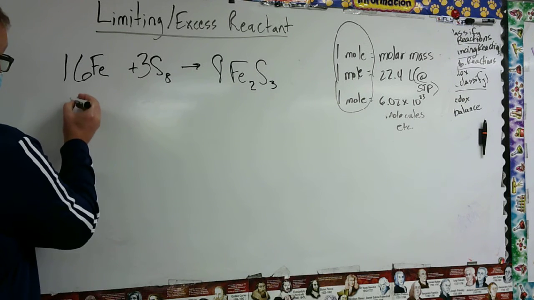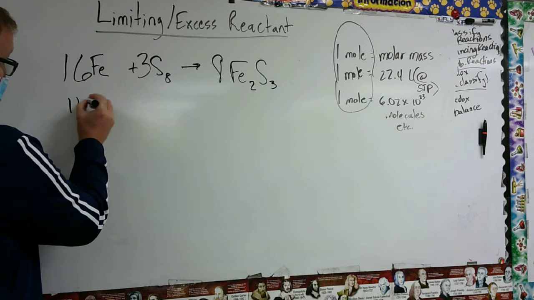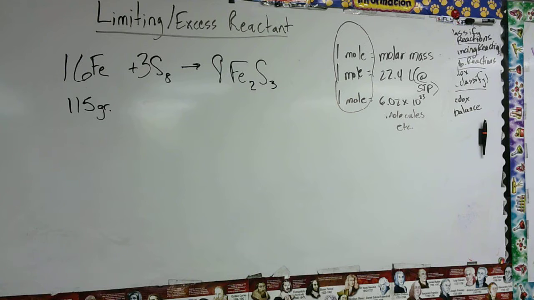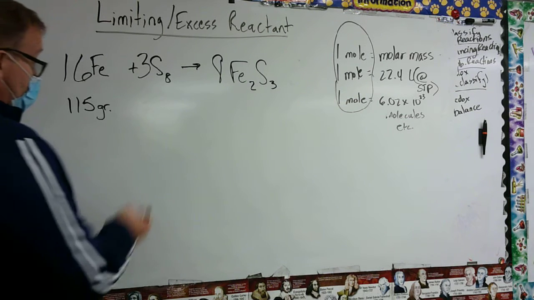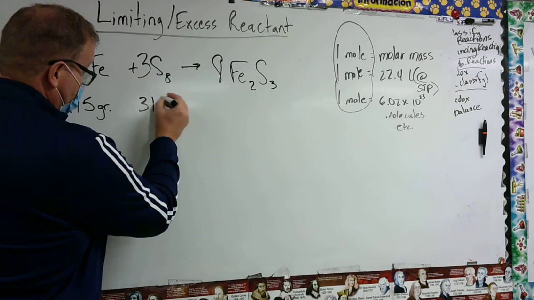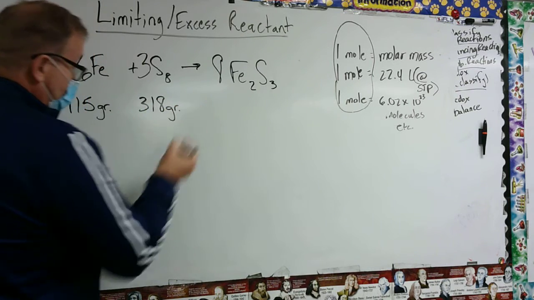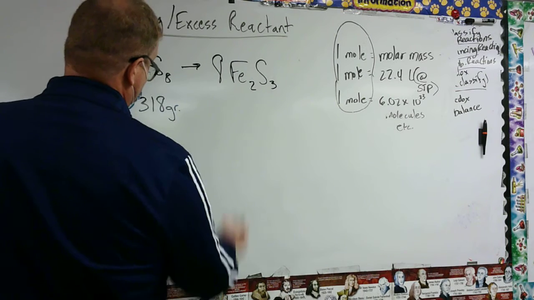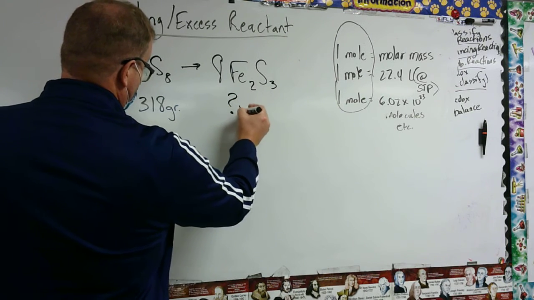So let's say we have, I'm just making up numbers, 115 grams of iron, and I'm going to combine it with 318 grams of sulfur. And maybe we want to figure out how many, we'll go moles on this.